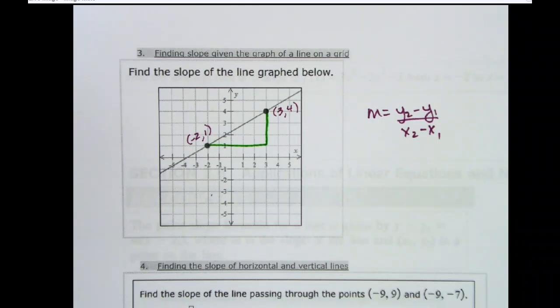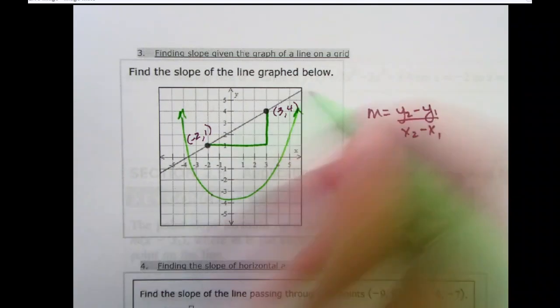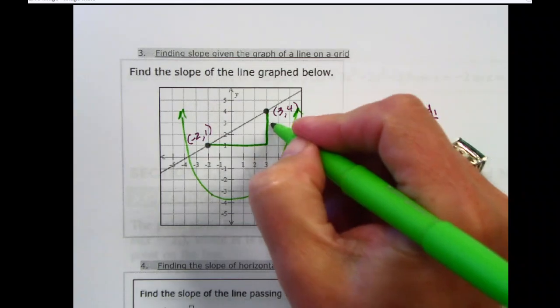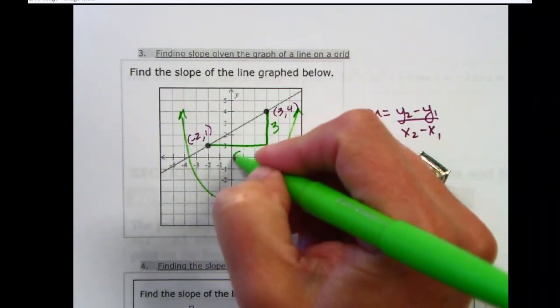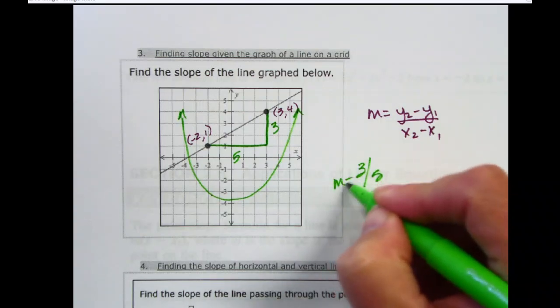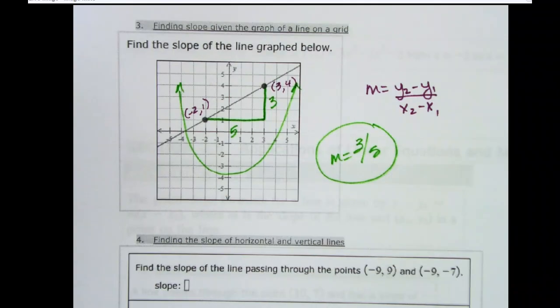For sure. So even if we have a curve on your homework, you can do the slope triangle. It's just our rise over run. You do have to remember to put in if it's positive or negative. So this one went up 3 and it ran 5? Yeah. So 3/5? Okay.